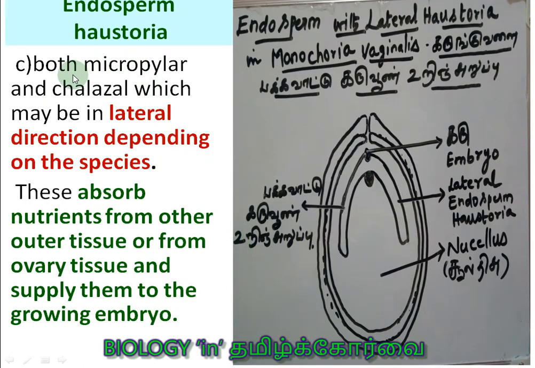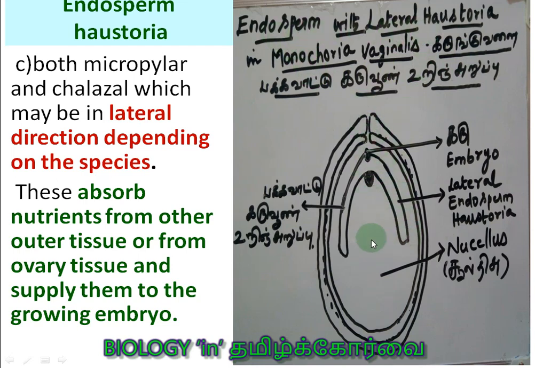Next, sometimes the haustoria are produced towards the micropylar as well as the chalazal end, or in a lateral direction. That is a point to be noted in the C category. Lateral direction depends upon the species. In this species, Monochoria vaginalis, in Tamil called Karungovalai, endosperm with lateral haustoria is present.